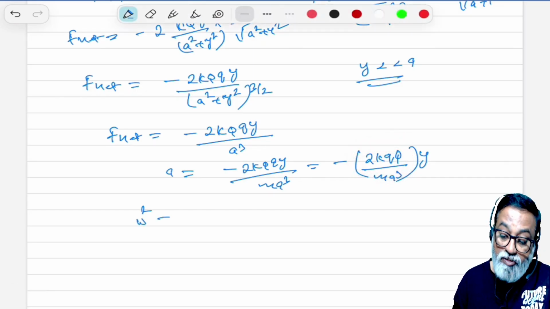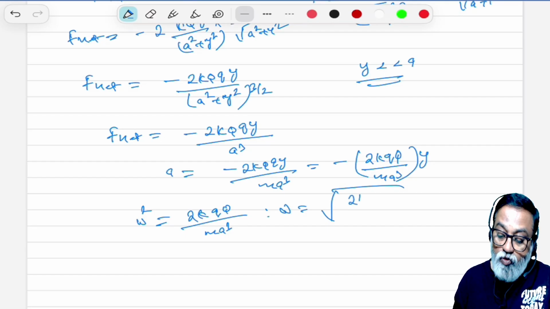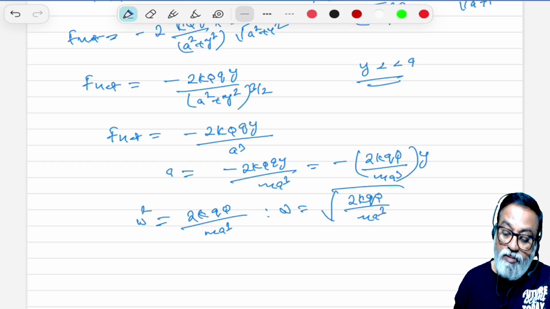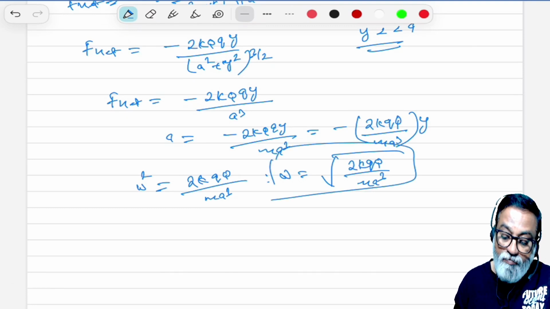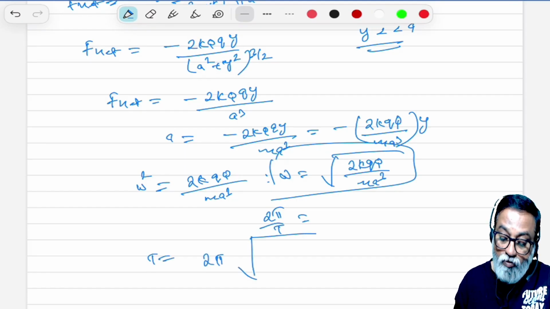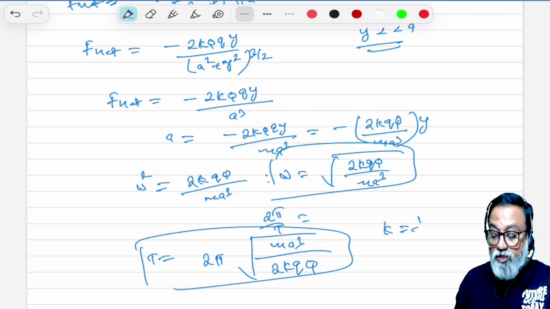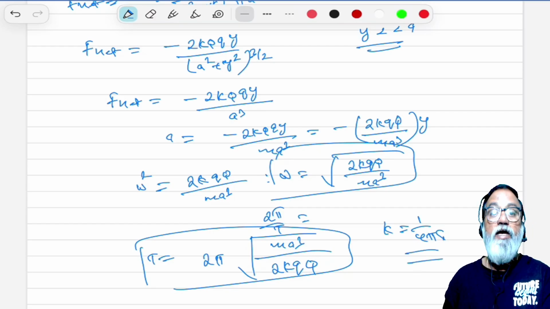Therefore, omega squared is equal to 2kq·q by m a³. Therefore, omega is equal to the square root of 2kq·q by m a³. This is the angular velocity. Then the time period is 2π by omega. Therefore, T is equal to 2π times the square root of m a³ by 2kq·q. This is the time period. Here k is equal to 1 by 4π epsilon naught.